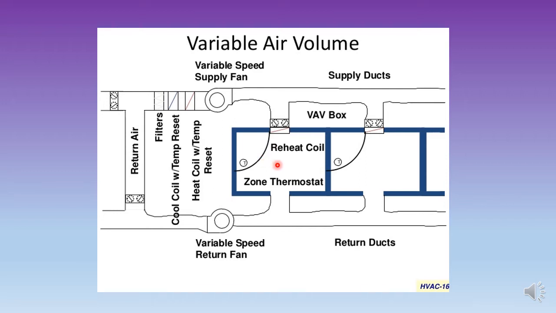If the space needs more cooling, then a higher volume of airflow will come into the space. And if the room is already cold, maybe the damper will shut off, and just after the temperature rises a bit, the damper will open automatically just to supply the small volume that is needed by the space.